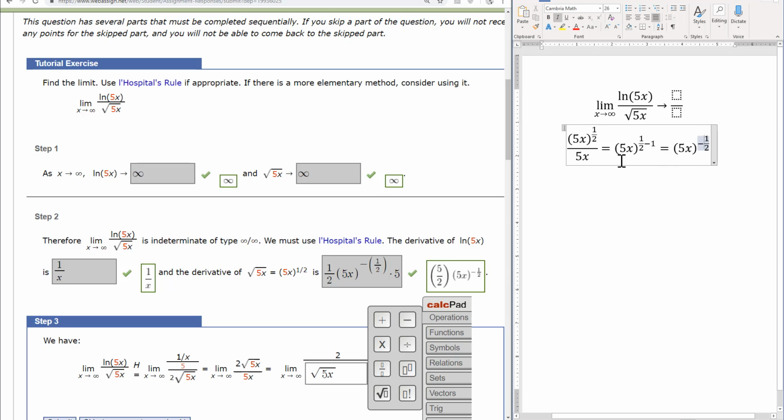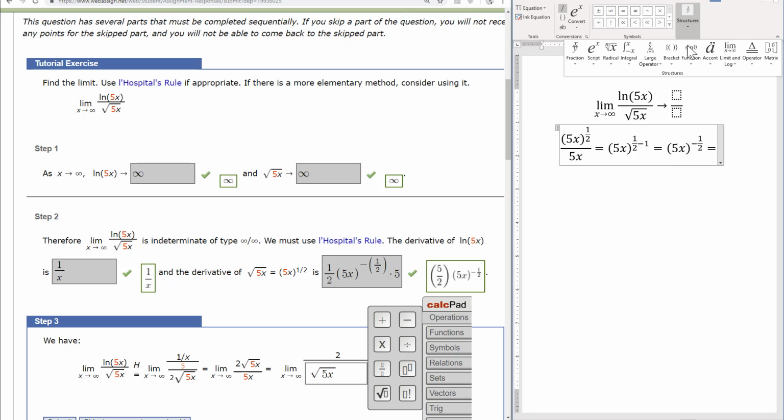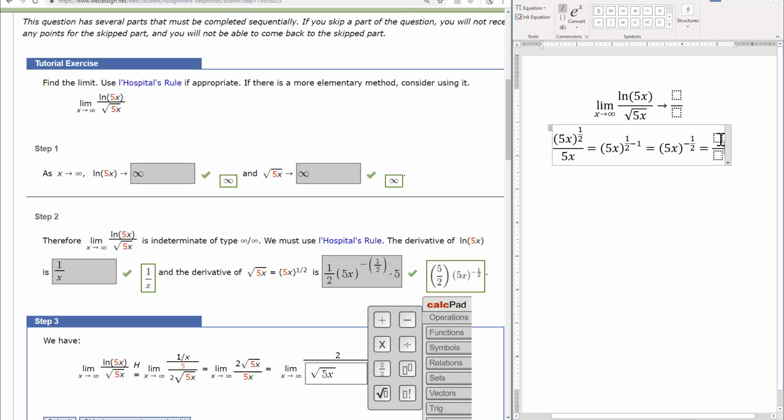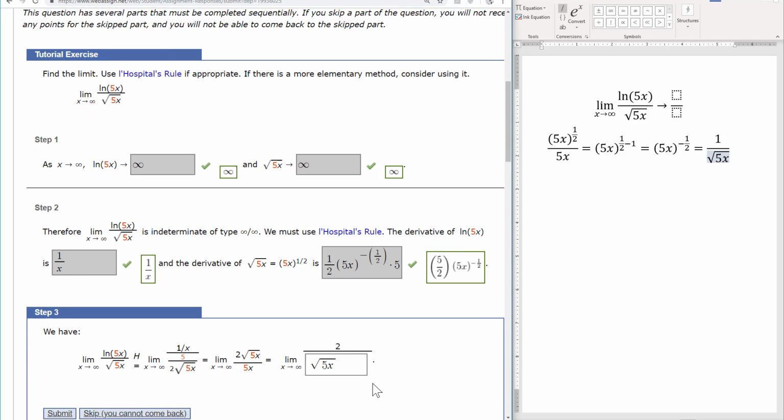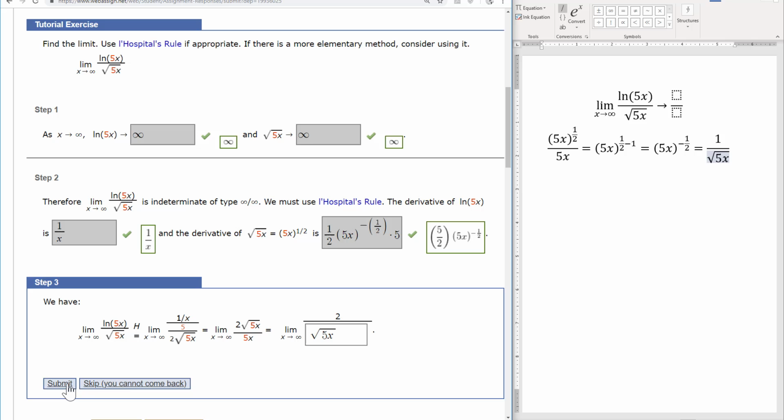Negative 1/2 power, and that in turn can be rewritten as a fraction, where you just have 1, and then this thing is actually the square root of 5x in the denominator. Okay, so that's our denominator, square root of 5x, and then we'll go ahead and check that.